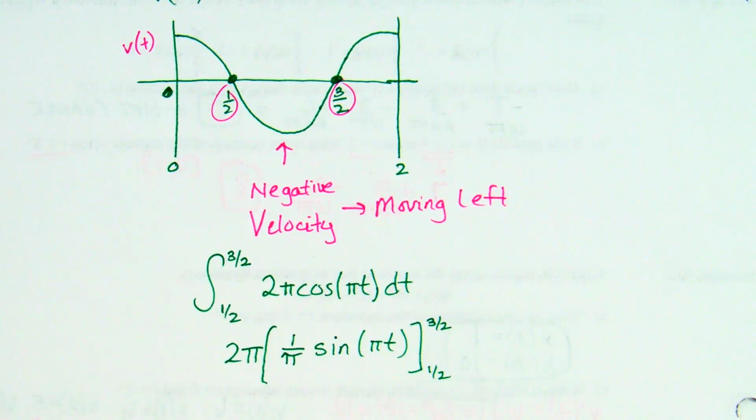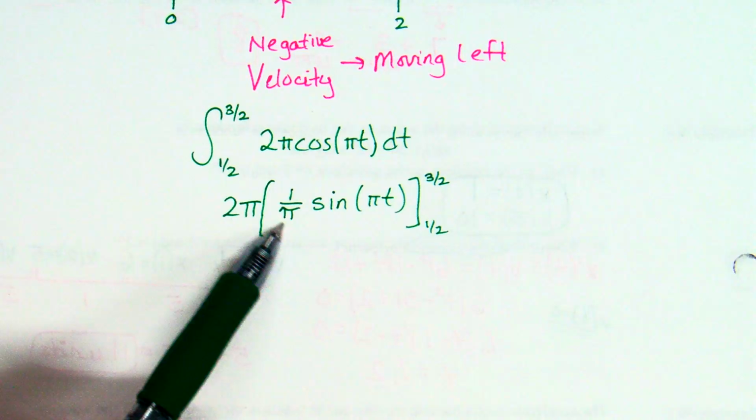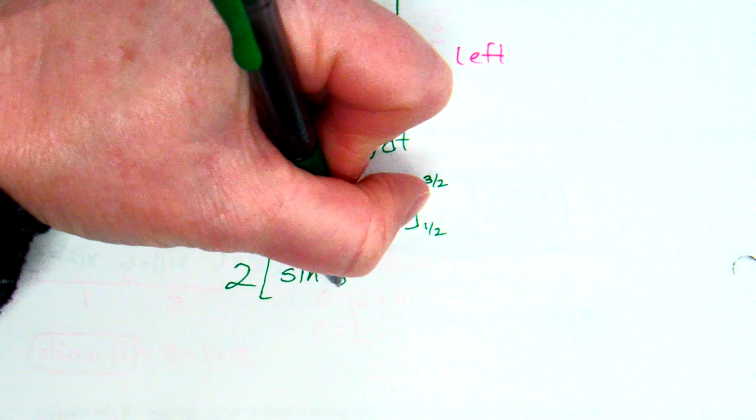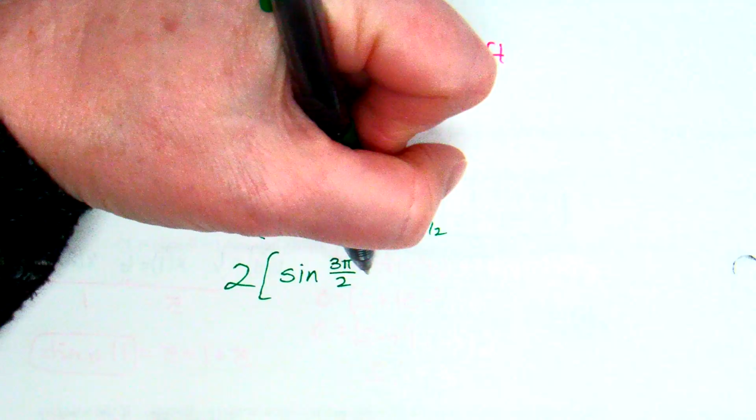So what do you notice with the 2 pi and the 1 over pi? 2 pi and 1 over pi will cancel, and so I just have a 2. And then plug stuff in. Sine of pi t, we plug the 3 halves in. Okay. Sine of 3 pi over 2 minus sine of, this time I'm plugging in 1/2 times pi, so pi over 2.